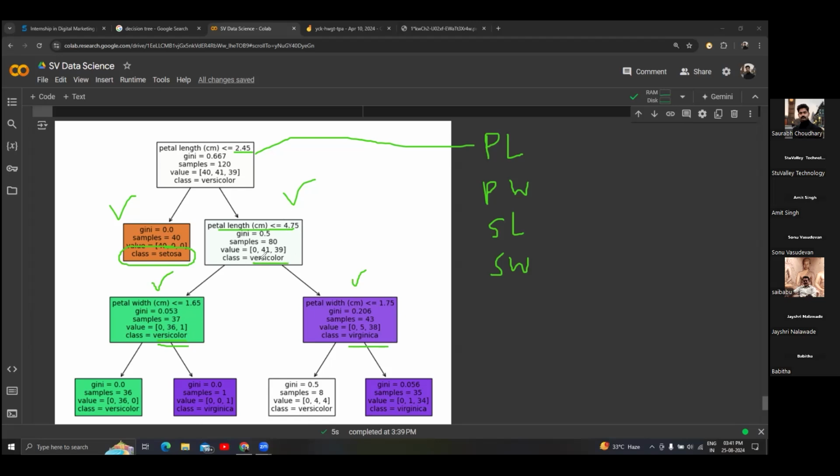So yeah, based on the versicolor, they are making some decisions. So if the length is less than 4.7, it could be any flower among versicolor, virginica, but you have to see the width also now. So petal width, you will see petal width here.